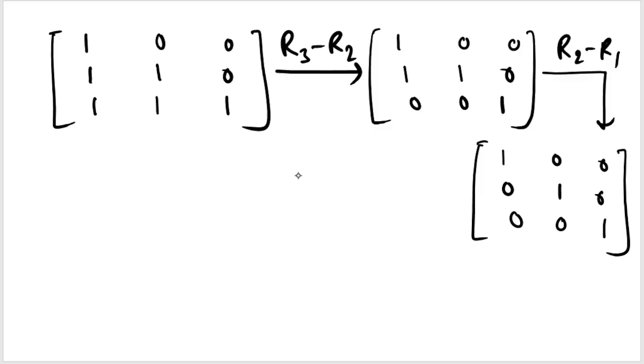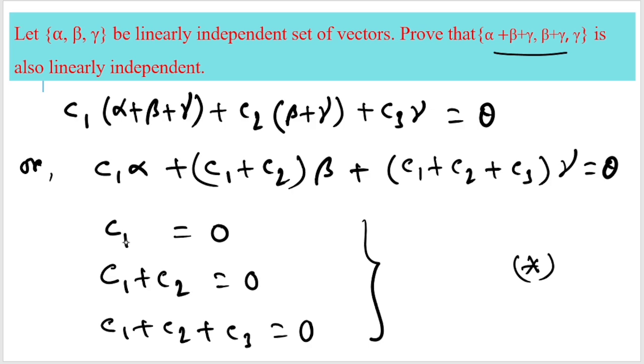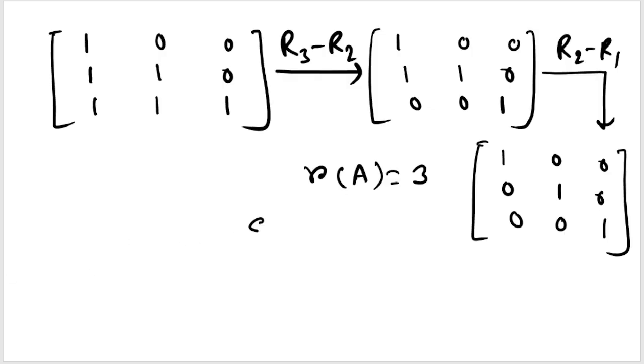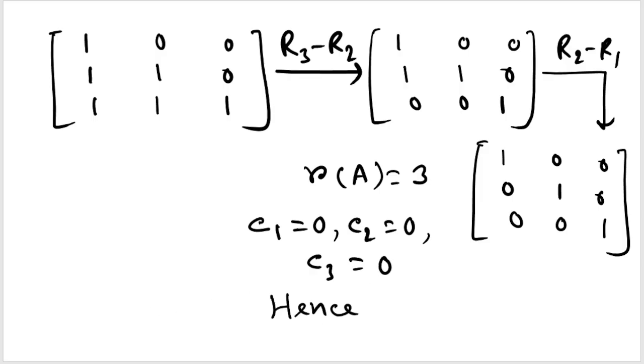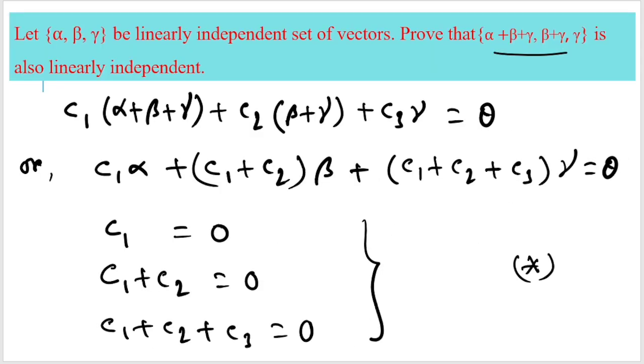It's very evident that the rank is 3 and therefore we can say that this system has only the 0 solution, that is C1 equal to 0, C2 equal to 0 and C3 equal to 0. And hence the given set of vectors is linearly independent.